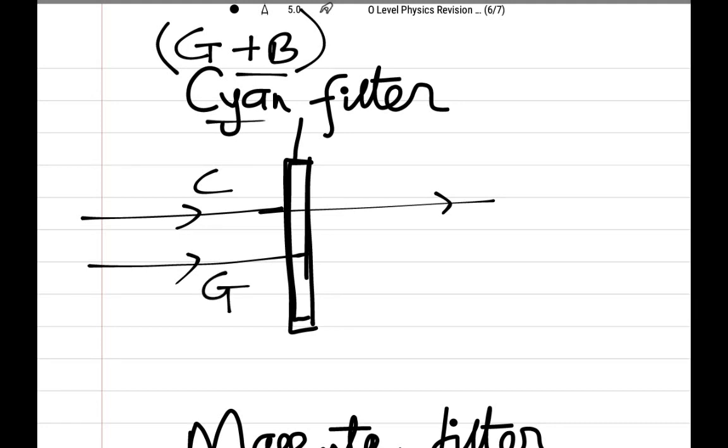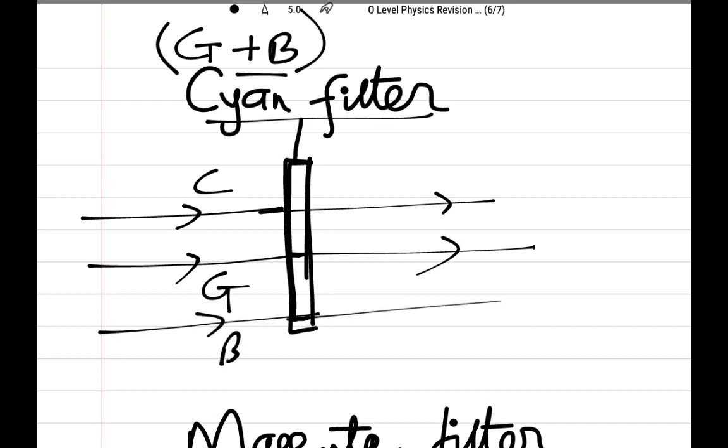Yes, cyan has green in it, so even green will be transmitted. What if blue comes? Still blue will be transmitted. Anything outside that will not be transmitted. For example, if red light is incident on a cyan filter, the person on this side with the eye will not see anything.